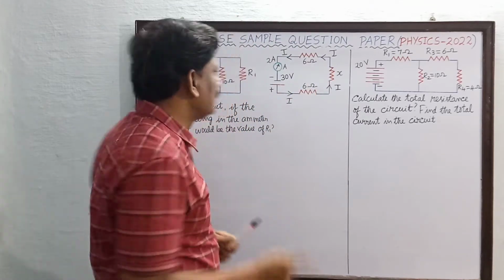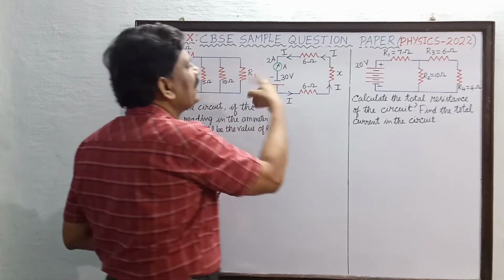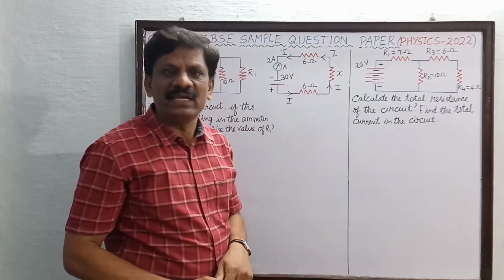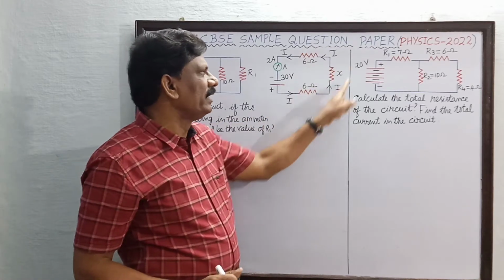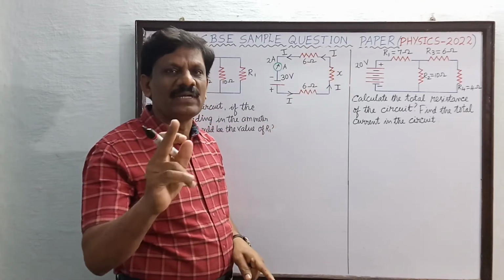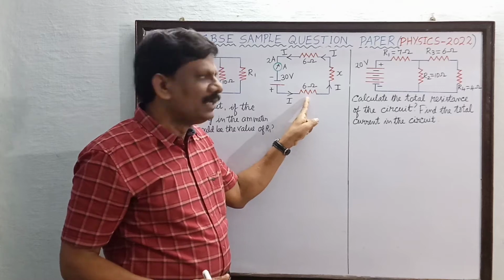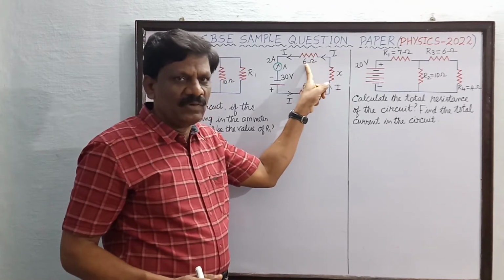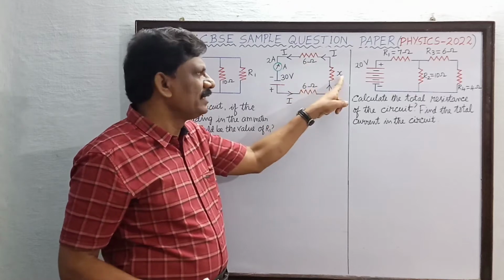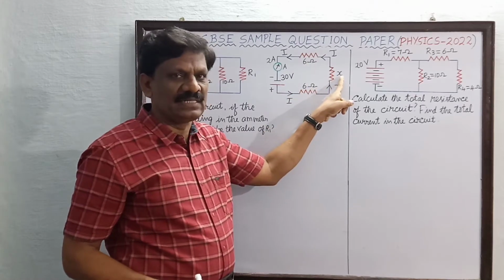We can replace these 3 resistors by a single resistor whose value is X ohm. So the total resistance in the circuit is 6 ohm plus X ohm plus another 6 ohm. 12 plus X ohm is the total resistance.